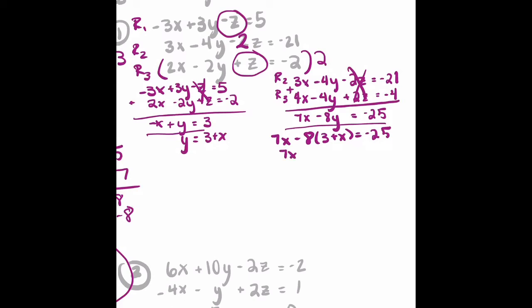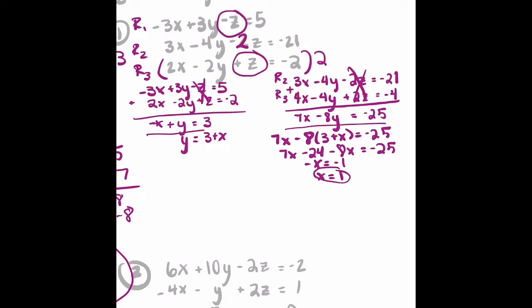So when I distribute that, I get, combine my x's, and I'm going to add 24 to that side to get negative 1. X equals 1.